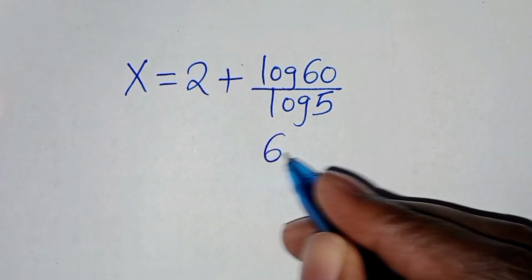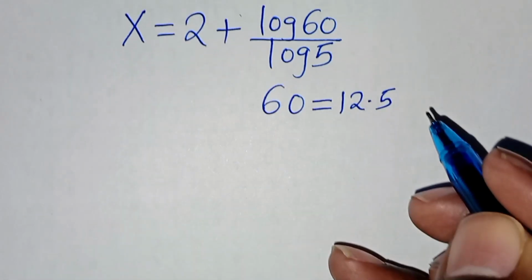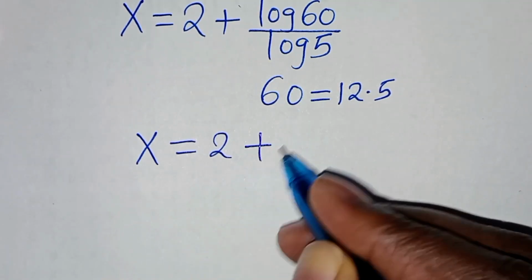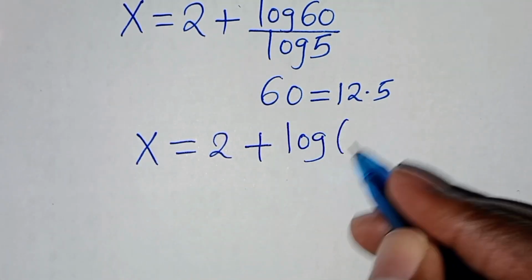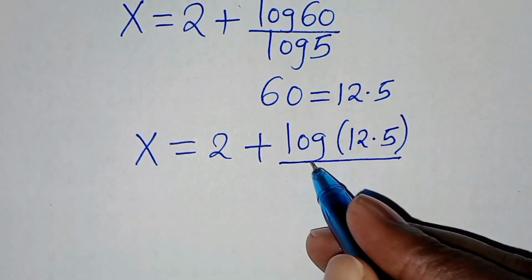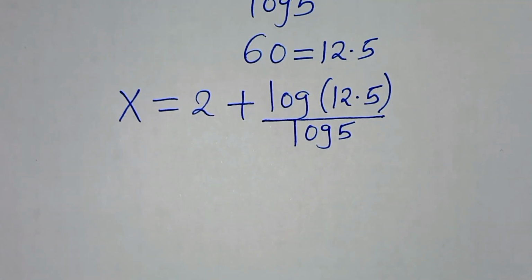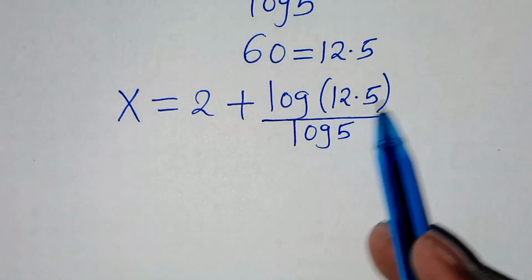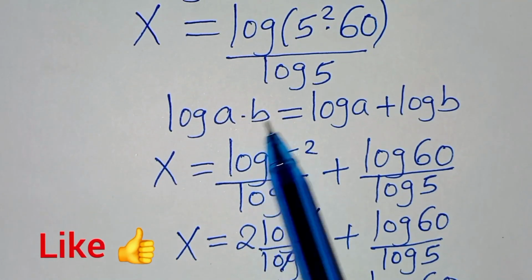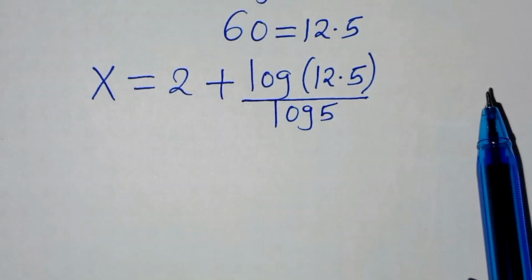We can express 60 as 12 times 5. So this implies that we have x equal to 2 plus log of 12 times 5 divided by log 5. Log of 12 times 5 is in the form of log a times b, which is equal to log a plus log b.